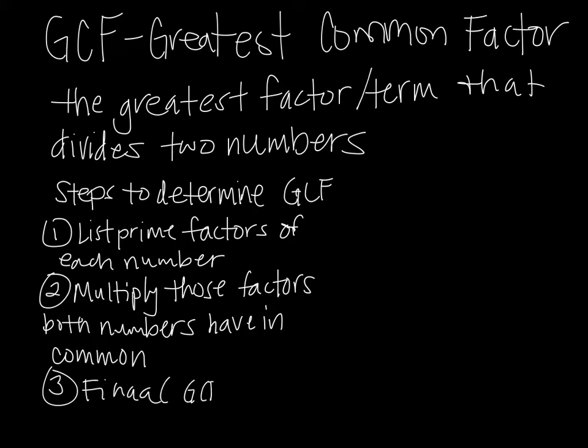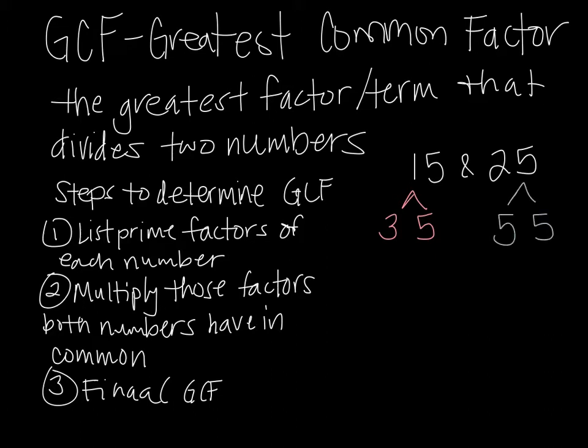Let's try this for example. Let's try 15 and 25. Once again, we're going to start with our prime factorization. 15 is 3 and 5. Those are both prime numbers, so I can stop there. For 25, it's 5 and 5.